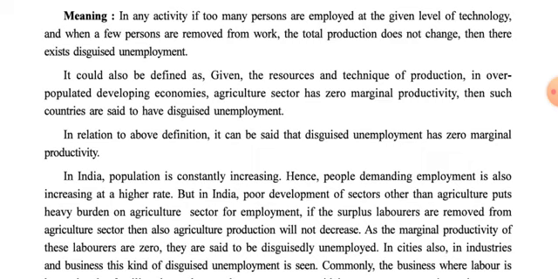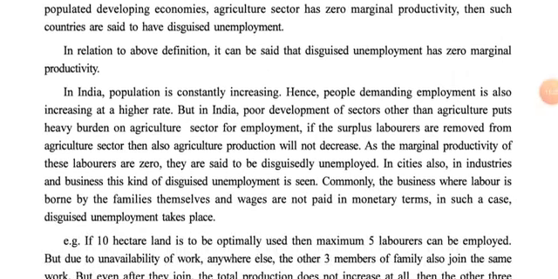Basically, disguised unemployment can be asked for 3 marks, and it is a very important point of this chapter, because they can ask a 1 mark, 2 mark or 3 mark question from this topic. So again, disguised unemployment has zero marginal productivity.